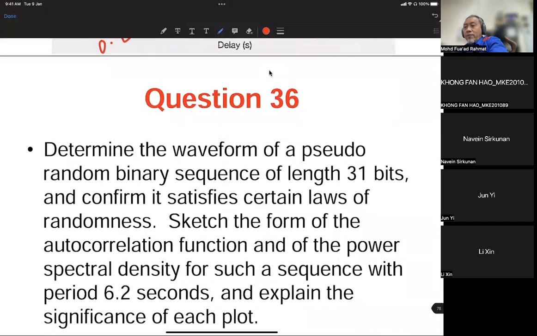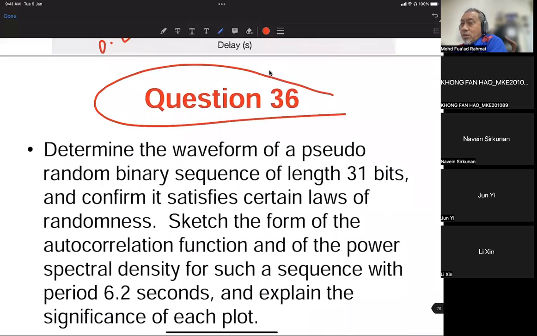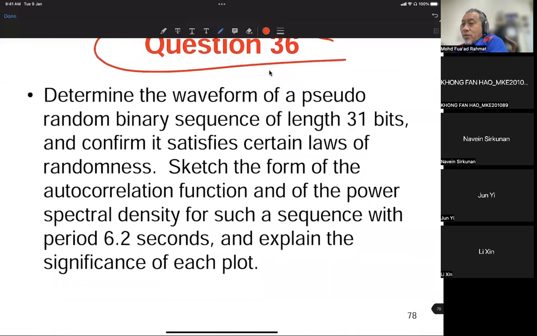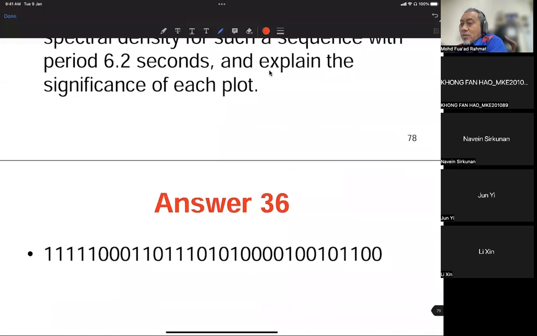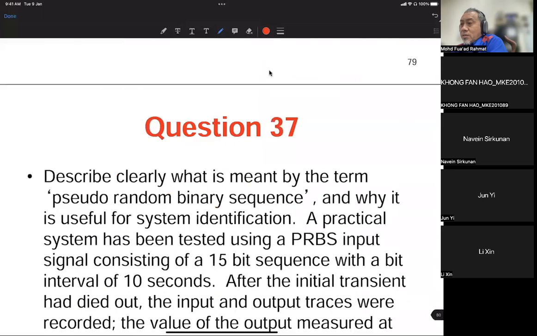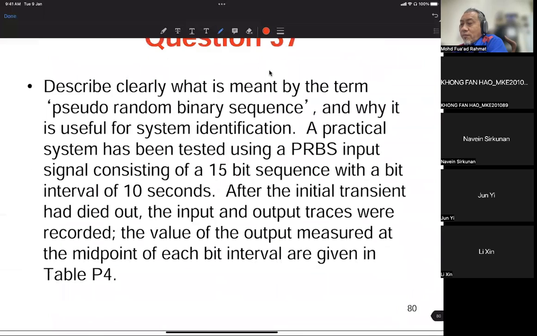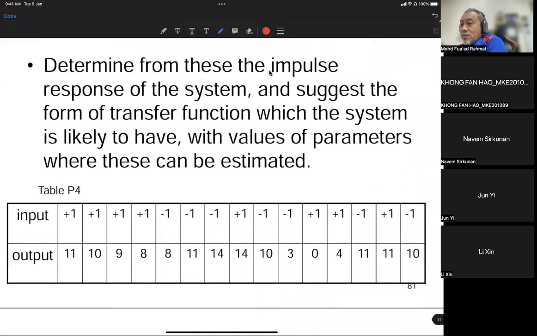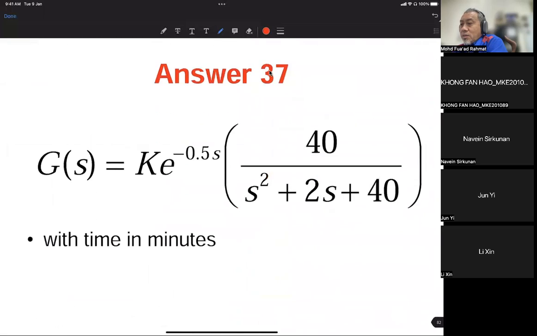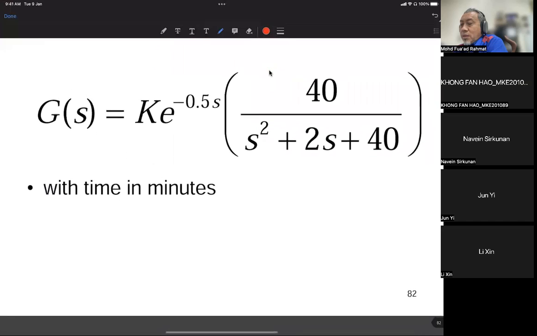Right, so we have some questions for you, question 36, for you to have an exercise and try to solve it. The answer is given there, question 37, and the answer. Time is in minutes.